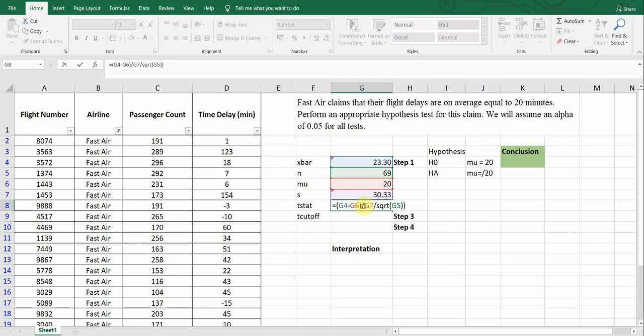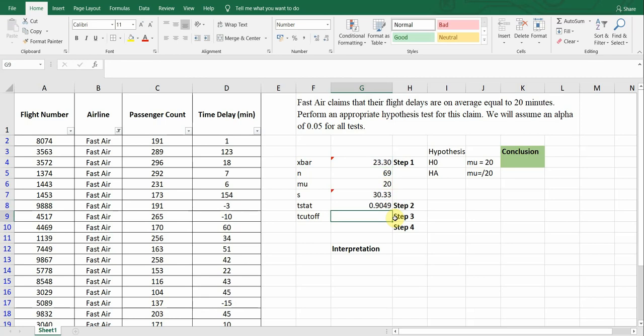When you do this and click on enter, you get your t statistic value, which is 0.9049.